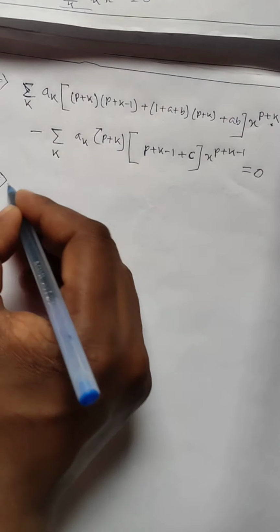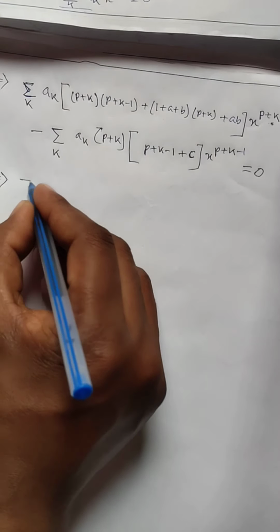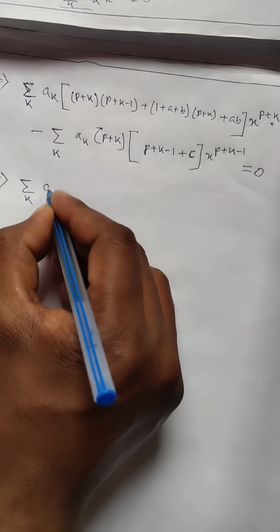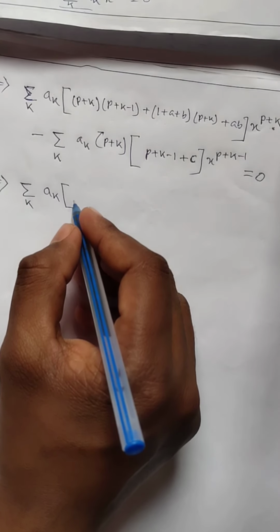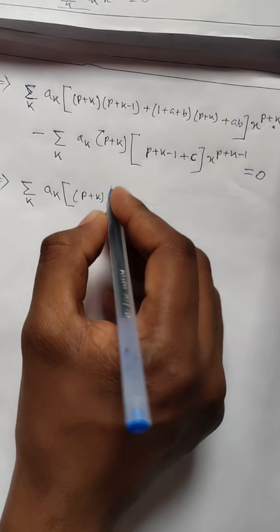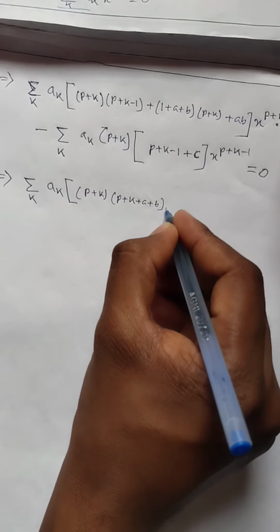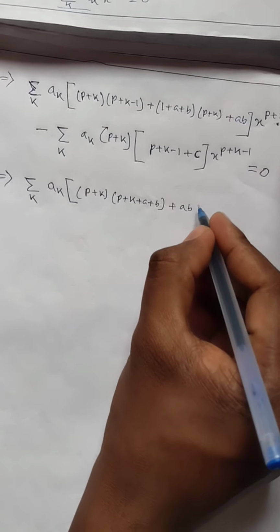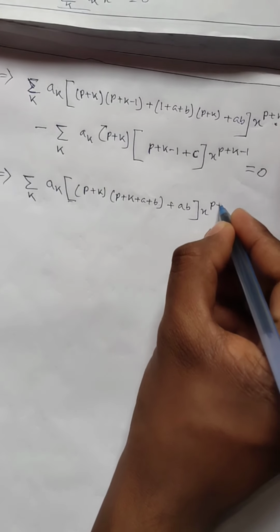Therefore, if we do the calculation sum, then we will get (p plus k plus a plus b plus ab) x to the power p plus k.